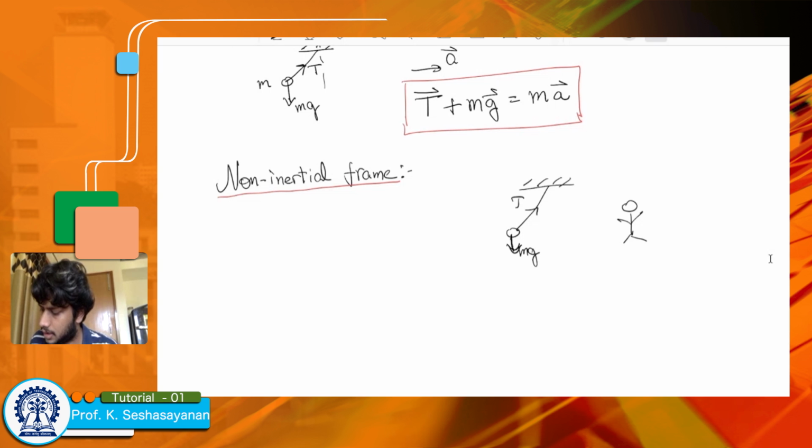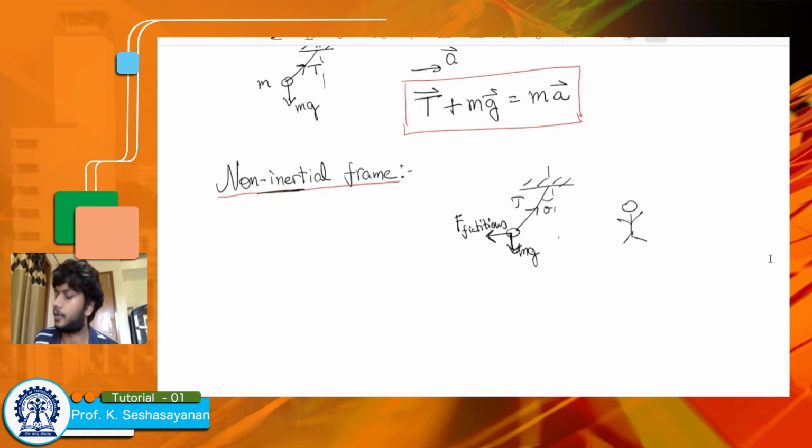But since the non-inertial observer knows that he or she is in a non-inertial frame, he or she would put a fictitious force, F fictitious, in the direction opposite to the direction in which the mass is accelerating in the inertial frame. So for the non-inertial frame, we'll have to add a fictitious force, F fictitious, which will take into account the fact that the frame of reference is accelerating.